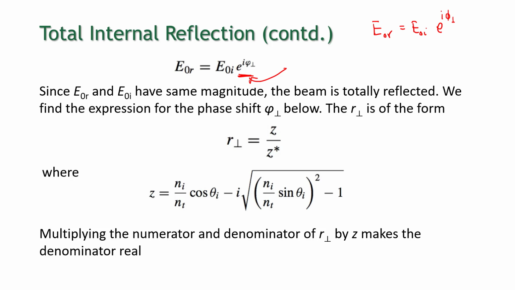So this represents the phase difference between EOR and EOI, meaning when the electric field is reflected, you will see there is a 180 degrees phase shift. And this is true when the beam is totally reflected. We are talking about total internal reflection.